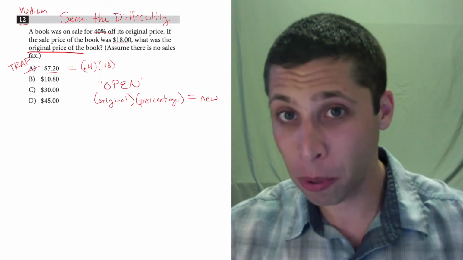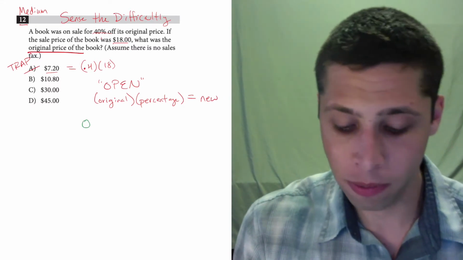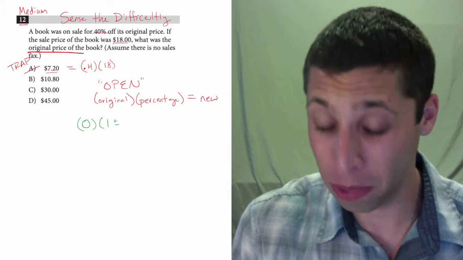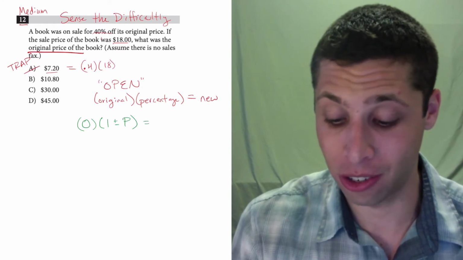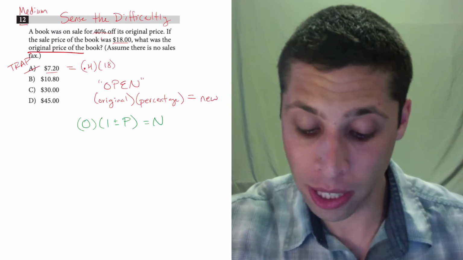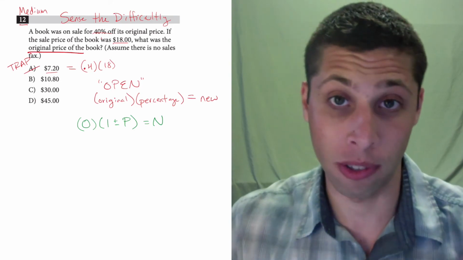So when you're talking about percentage increase or decrease, I recommend doing the original times 1, normally plus or minus the percentage, is equal to the new. In this case, I'm going to get rid of the plus because this is a discount, so it's 40% off.